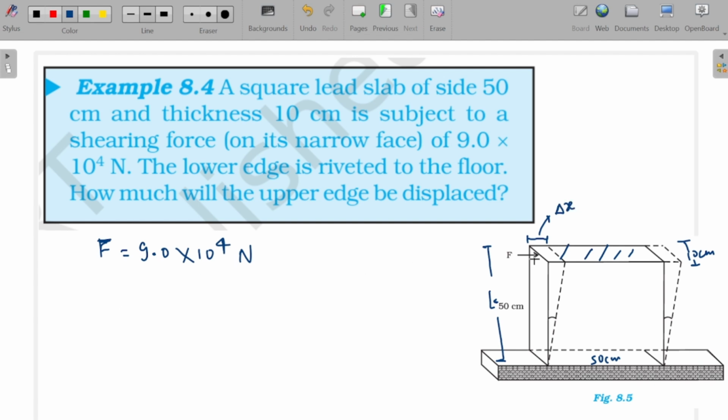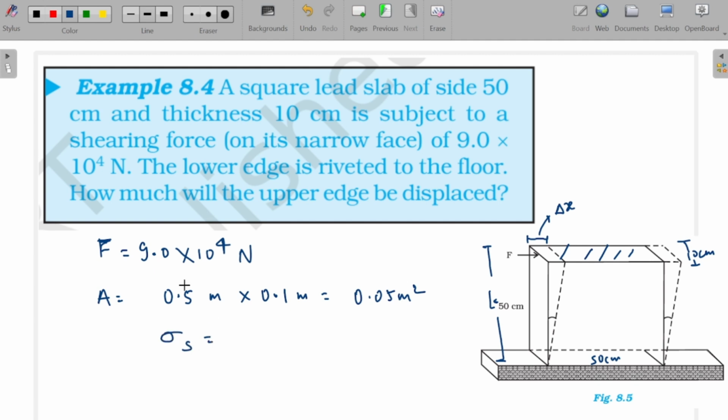Force is given, and we can find the area. From here to here is 50 centimeter, and this is 10 centimeter. So the area on which the force is applied is 0.5 meter times 0.1 meter, which is 0.05 meter square.